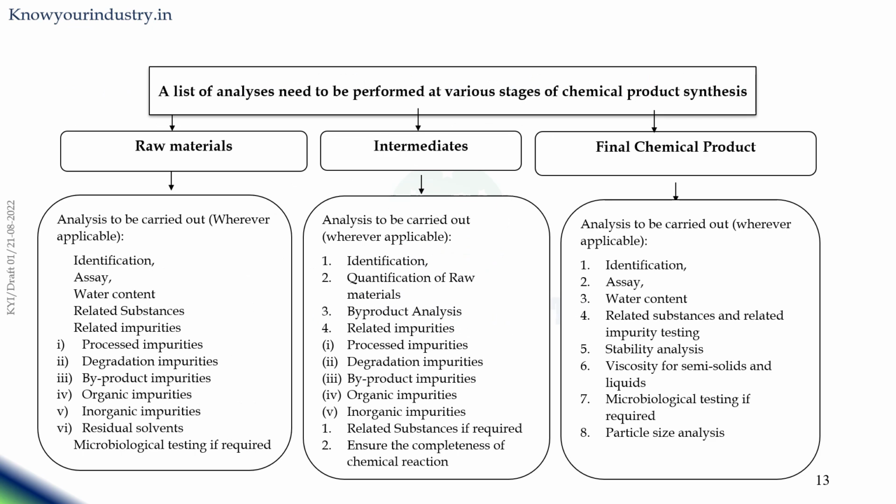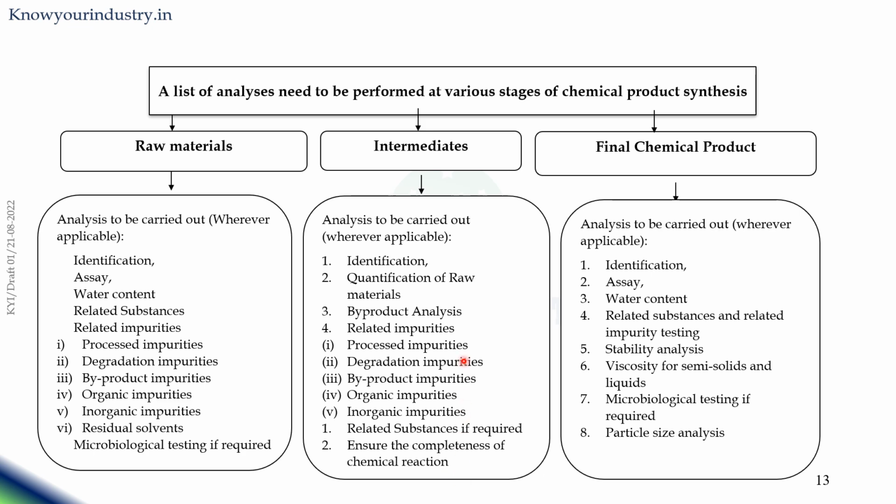This particular slide talks about the list of analyses to be performed at various stages of chemical product synthesis. To initiate a chemical product synthesis, we need raw materials. The raw materials need to be tested for various parameters for their appropriateness for the purpose of chemical product synthesis.